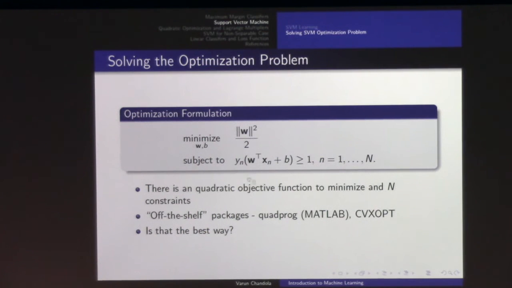In MATLAB, there's a program called quadprog. In C, there's a convex optimization package. I'm sure there's something in Python as well. You can just supply the weights, initial values, and all of these inequality constraints, and solve for it. And so we could be done here.